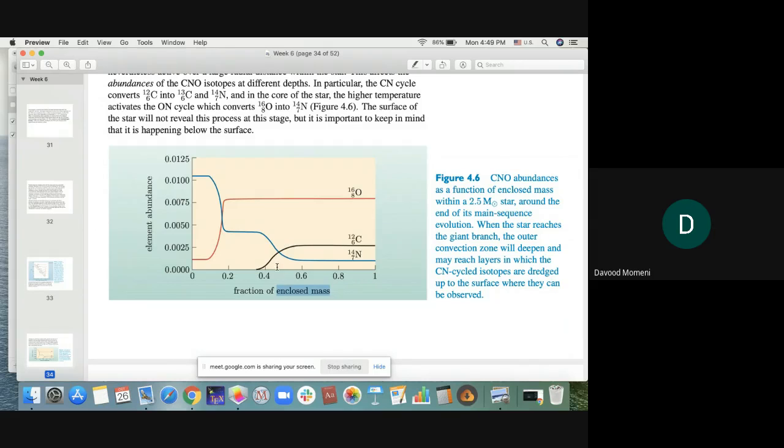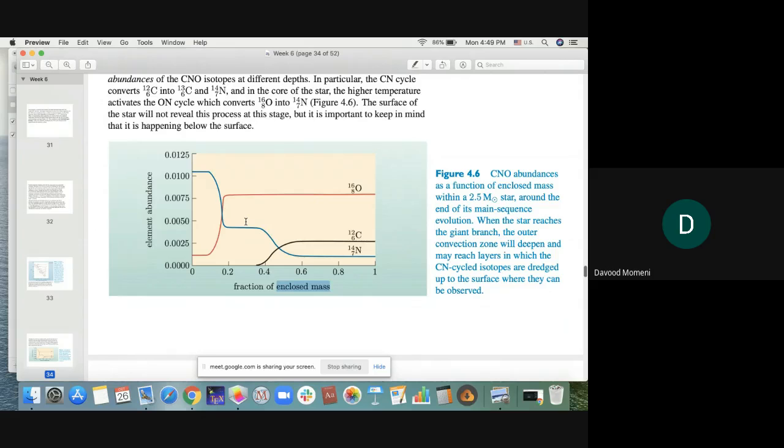So element abundance has significantly changed with the fraction of the mass, and for oxygen and nitrogen, it will start at very low fraction rates.